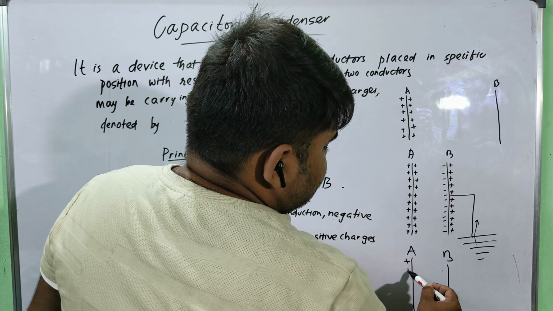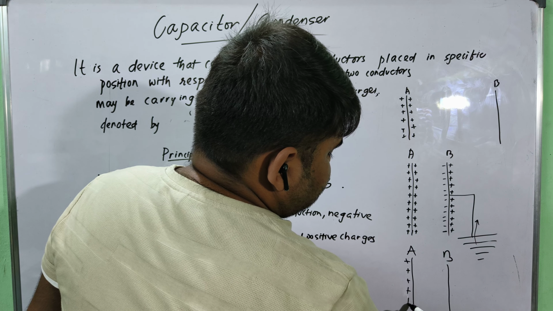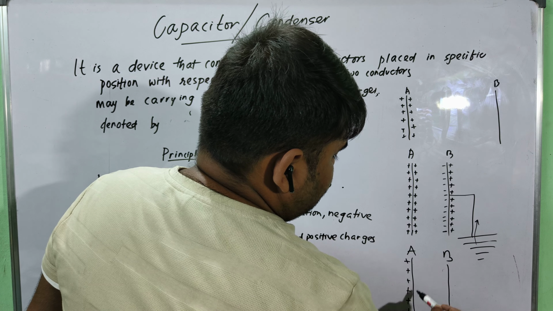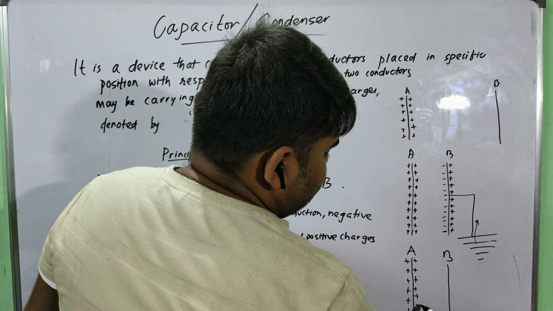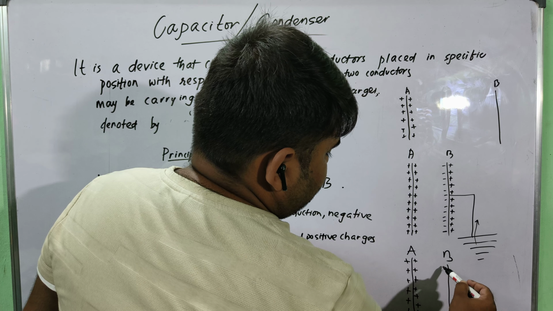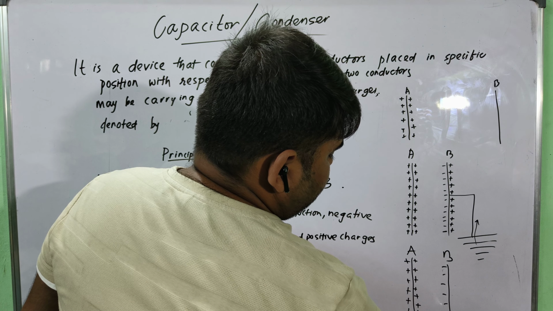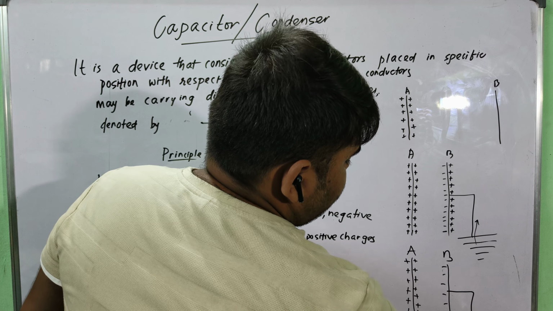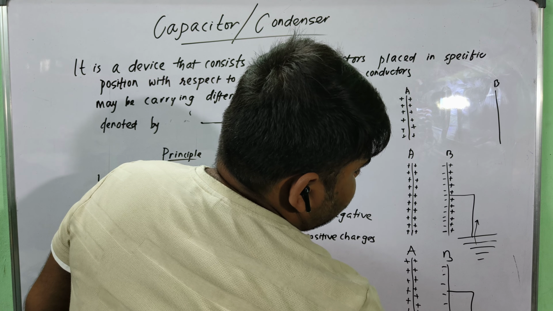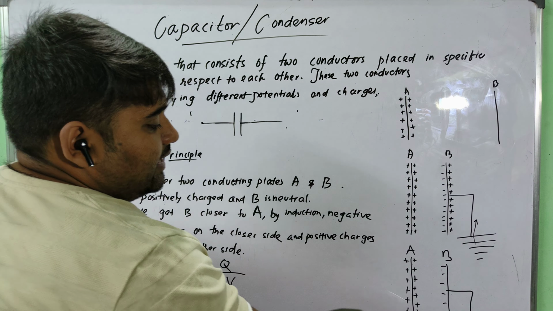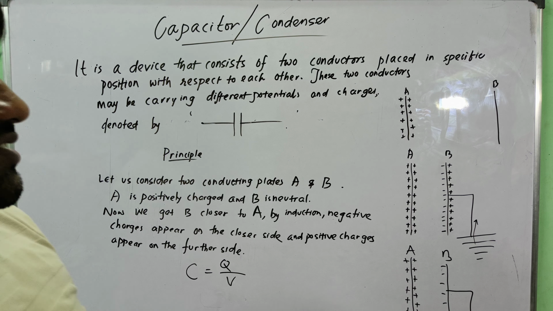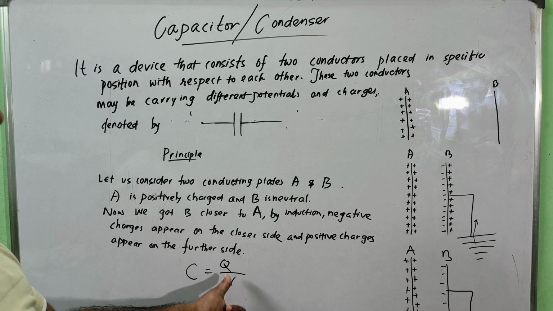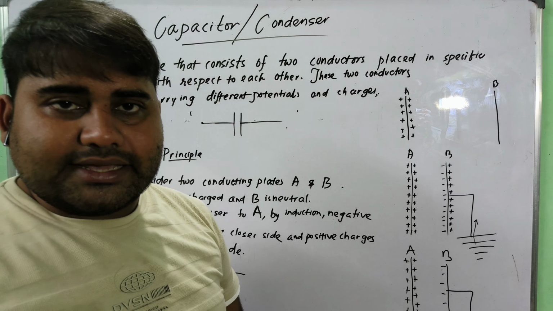The positively charged side of A and the negatively charged side of B remain the same, but the right side becomes neutral by earthing, and this negatively charged side reduces the potential of the system. Since V is reduced, capacitance increases.